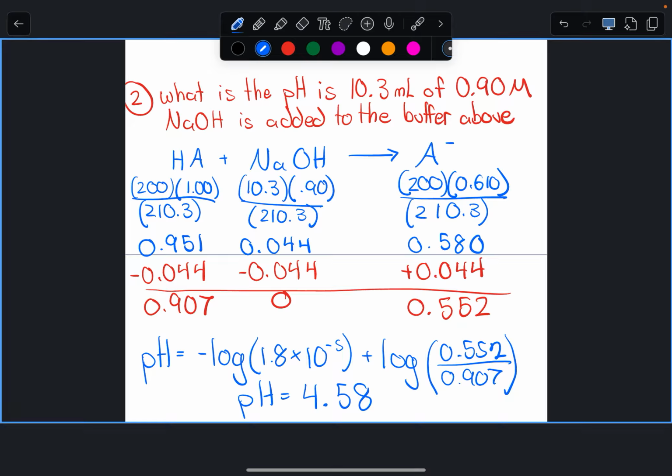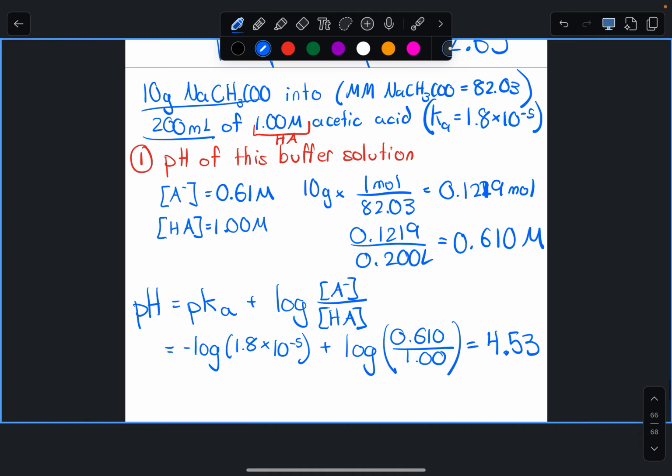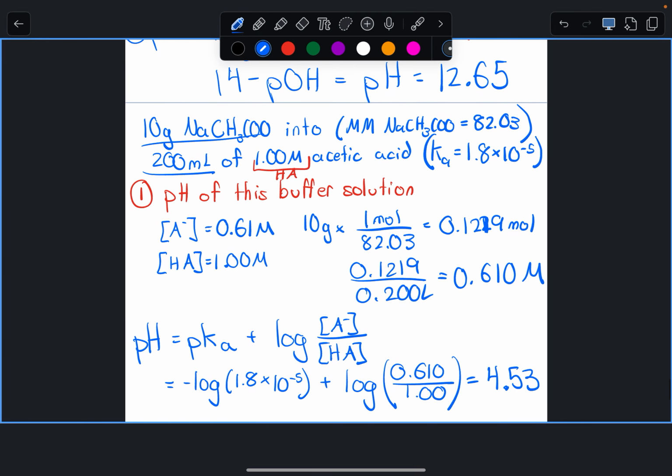Plus log 5.52 divided by 0.07. All right, something is not right here. I'm going to have to go back to this one and make sure. If anybody notices where my error is, let me know.